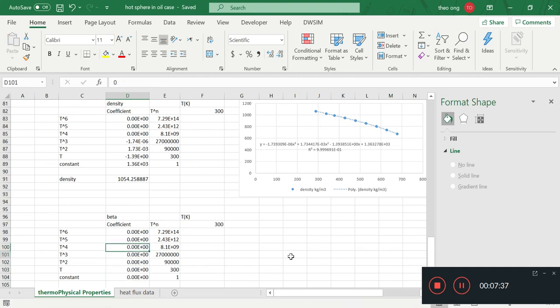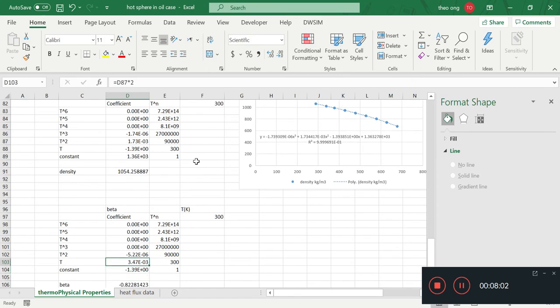So the t squared term equals the t cubed constant times 3, as we bring the power down. For the t term, you go to the t squared term and you times 2. And of course the constant term equals this.